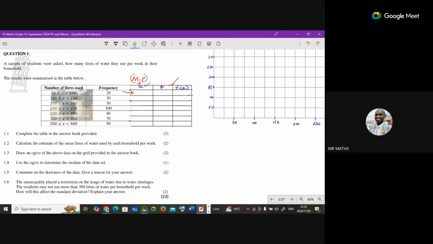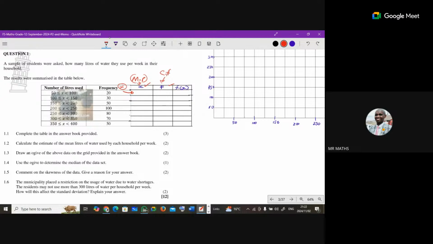I hope uyayikhumbula. Then this one be cumulative frequency, then ingu capital letter F. Then if frequency yona iba ngu small letter f. So this one, that means this one is frequency multiplied by a midpoint.